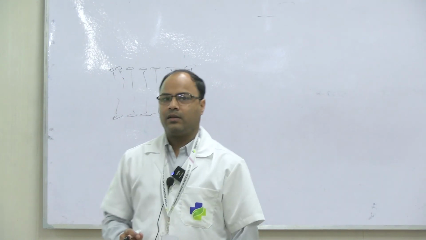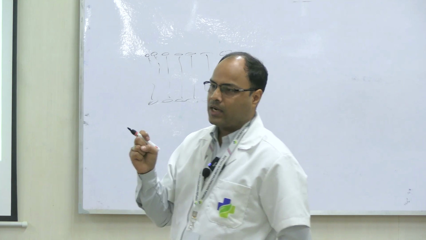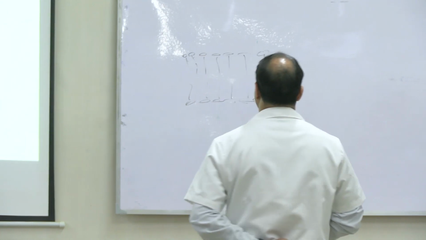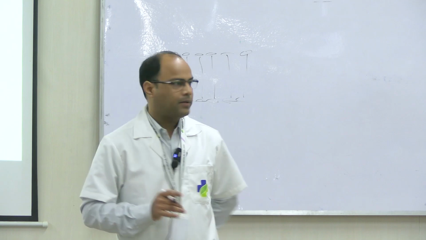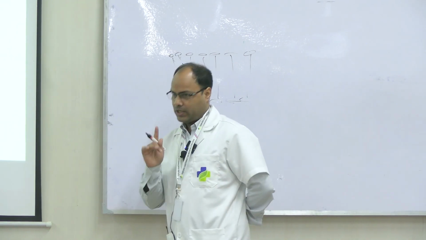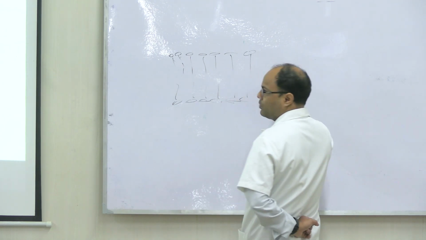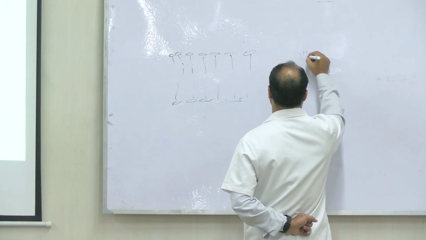Can anyone tell me what hydrophobic is? What is hydrophilic? Hydrophilic means it can attract water. Hydrophobic means it repels water. The cell membrane is impermeable to water because of this hydrophobicity. So in the cell membrane we have PUFA, polyunsaturated fatty acid.